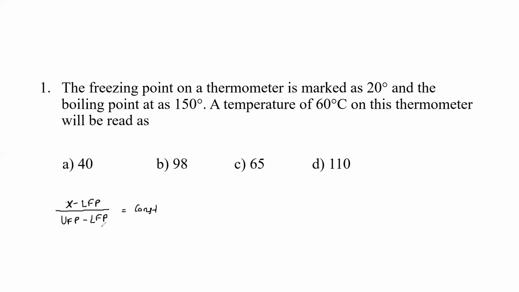It is constant. So this x I'll write as it is minus lower fixed point. The freezing point is marked as 20. So x minus 20 divided by upper fixed point, 150, minus lower fixed point, 20, which is equal to C divided by 100.